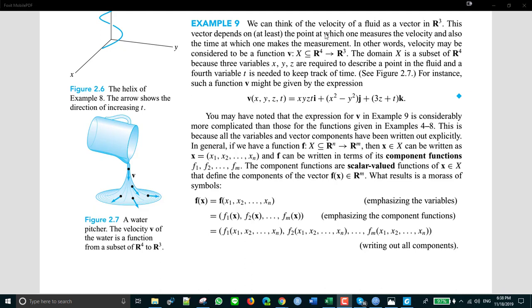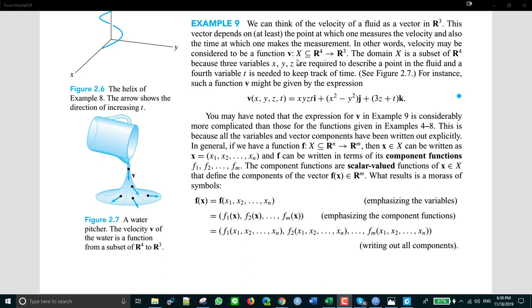We can think of the velocity of a fluid as a vector in R3. So the output is R3. This vector depends on at least the point at which one measures the velocity and also the time at which one makes the measurement. In other words, velocity may be considered to be a function v from R4.